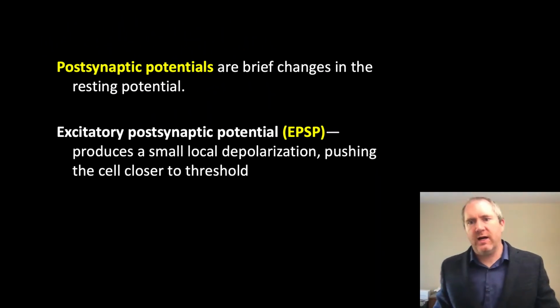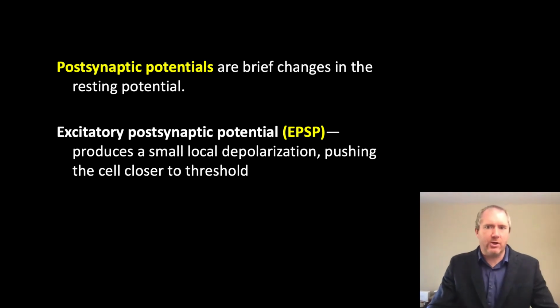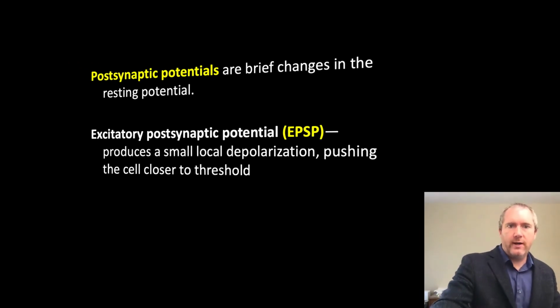IPSPs, by contrast, produce small hyperpolarizations, pushing the cell further away from the threshold required for an action potential. IPSPs result from chloride ions entering the cell, making the inside more negative.